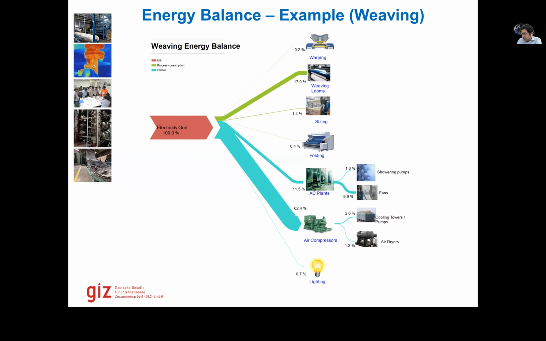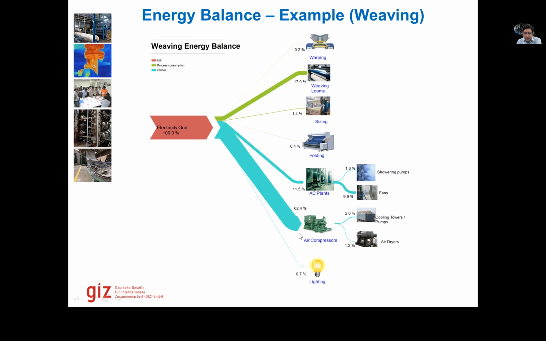The air conditioning system and humidification system here is also very similar to spinning, where we have to do humidification, we have to do fluff removal, and we have to do a certain number of air changes inside. And inside the air conditioning or ventilation plants, fans are the bigger consumers, and then we have pumps, which are also smaller consumers.